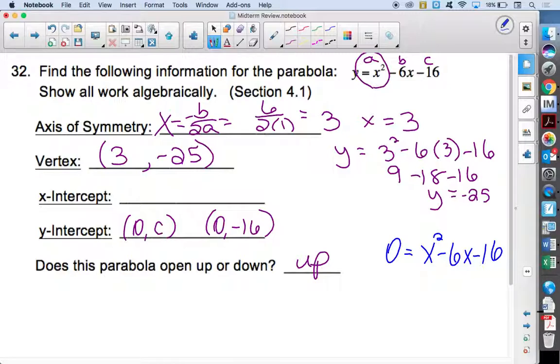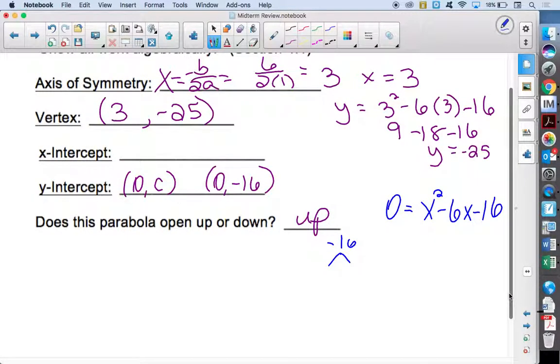AC grouping, factoring, yeah. This is exactly the same problem that you had on your quiz or your test on Tuesday. So this is a factoring problem. Whenever you have ax squared plus bx plus c, factoring is the easiest way to solve this. So if we have negative 16, what two numbers multiply to negative 16 and add to negative 6, Ryan? Negative 8 and positive 2.